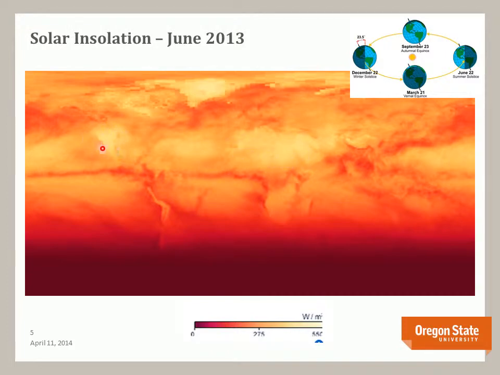That's due to the large global circulation that makes these areas pretty dry. And notice that we have this band up here, following the jet stream, which is where we get our summer storms. And up in the Pacific Northwest, we have a significant decrease in solar insolation because of clouds.